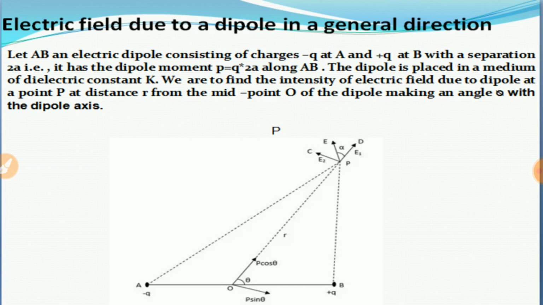Here we have to remember that the direction of the dipole moment is from point A to point B, or from the minus Q charge to the plus Q charge. The dipole is placed in a medium of dielectric constant K. We are to find the intensity of the electric field due to the dipole at a point P at distance r from the midpoint O of the dipole, making an angle theta with the dipole axis.